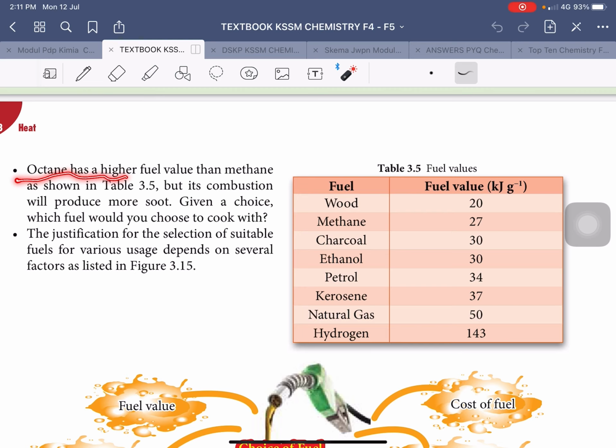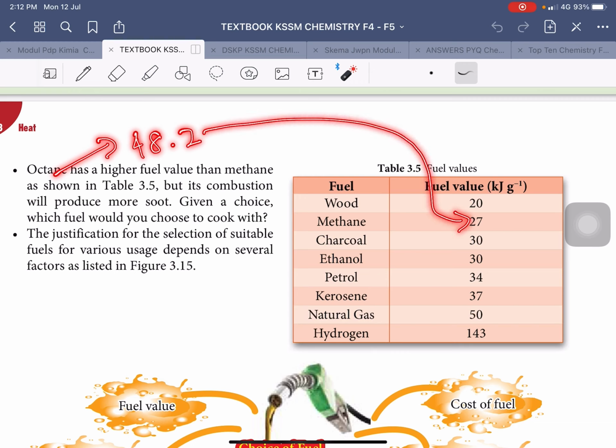Octane has a higher fuel value than methane. Of course, because octane is the 8th member and methane is the first member. Look at this, methane, and then octane. Octane we counted just now is 48.2. You see this methane, 27 only.